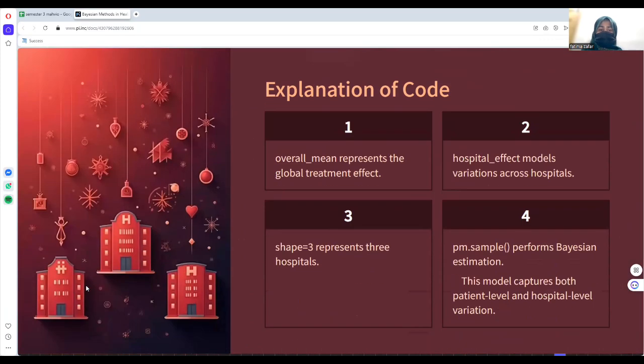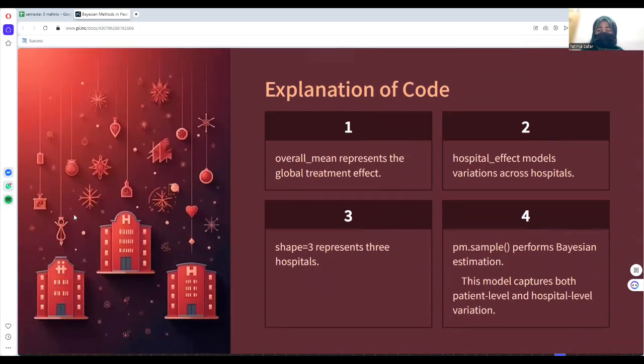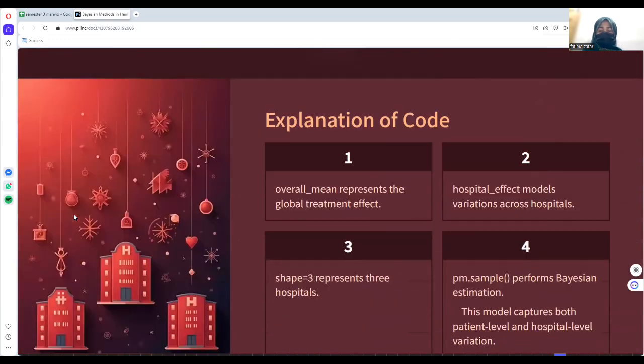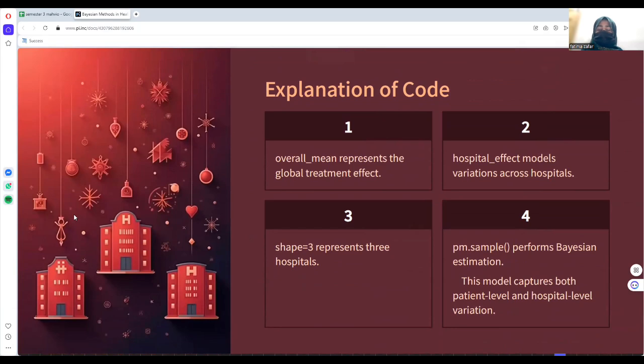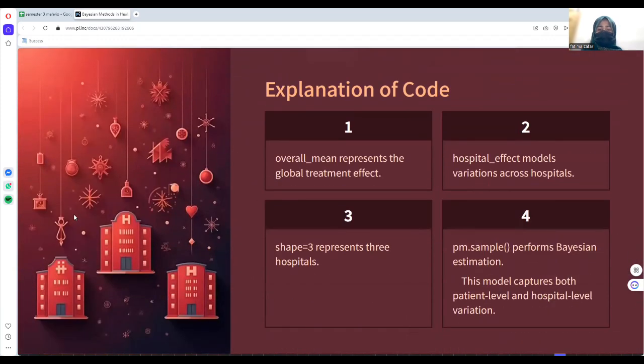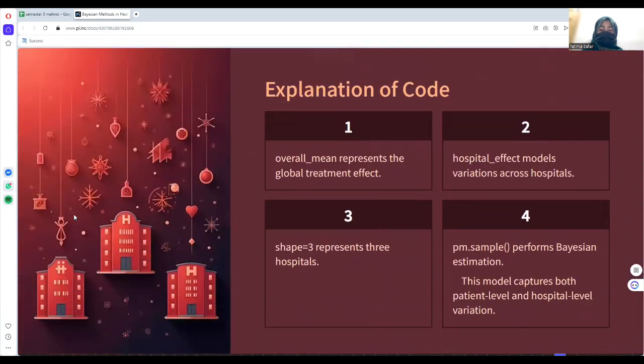So what do these mean? First, overall_mean represents the global treatment effect. hospital_effect means the variation across the hospitals, and shape equal to 3 represents 3 hospitals. At the end, pm.sample performs the Bayesian estimation. This model captures both patient-level and hospital-level variations.